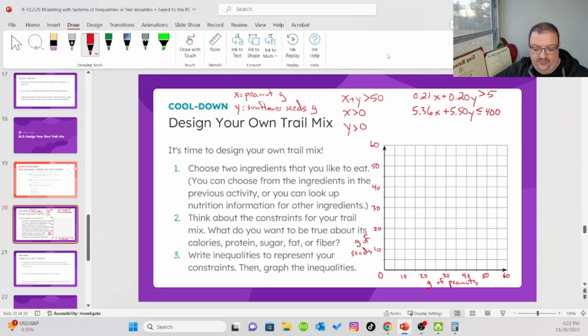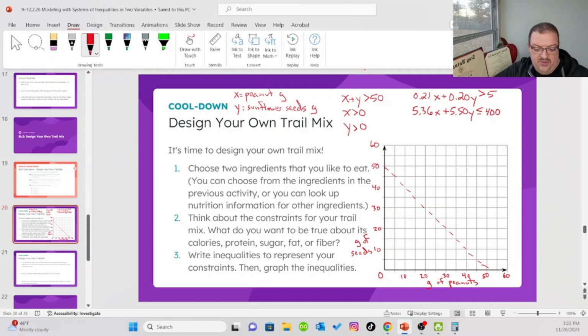Now, x plus y must be greater than 50 combined would be a dashed line going from 50 on the seeds to 50 on the peanuts.